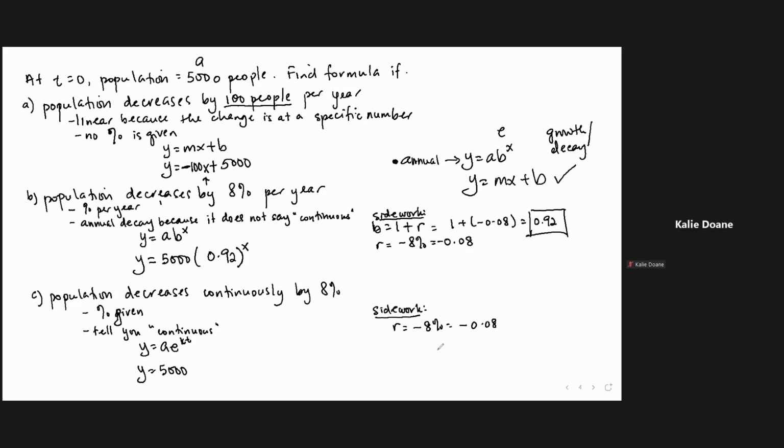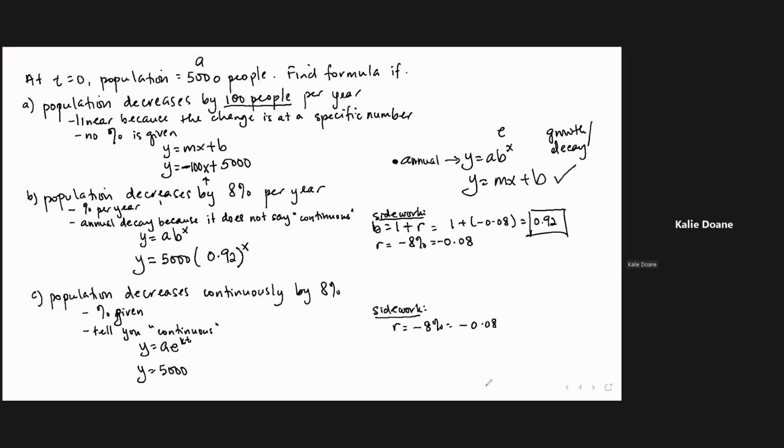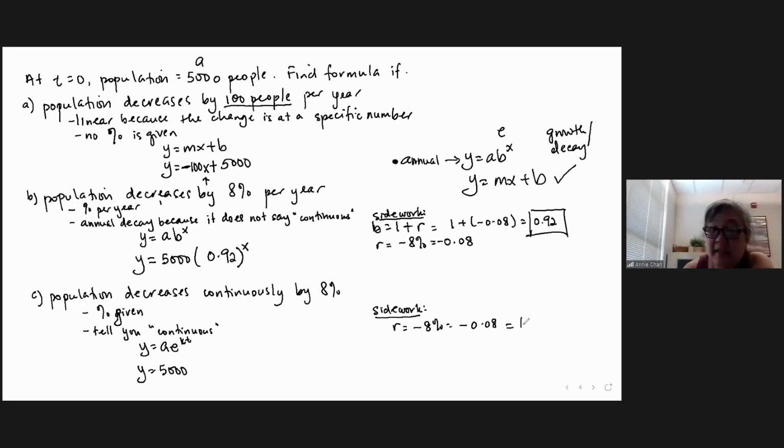Okay. Do we need to do any working on this one to find K? No, isn't that just K? Yeah, that is K. So it'll be e to the negative 0.08 t. Well, actually, this one should be t.